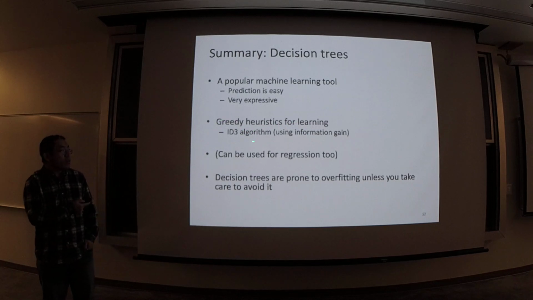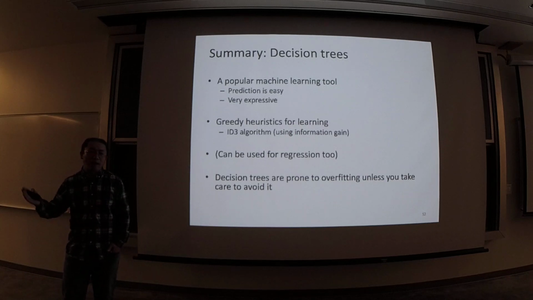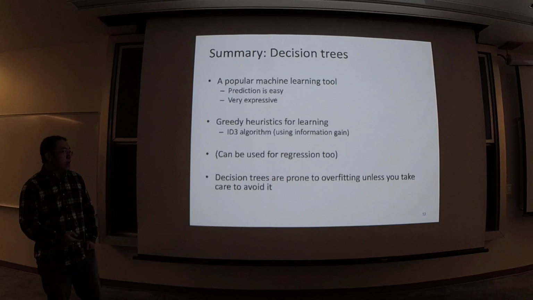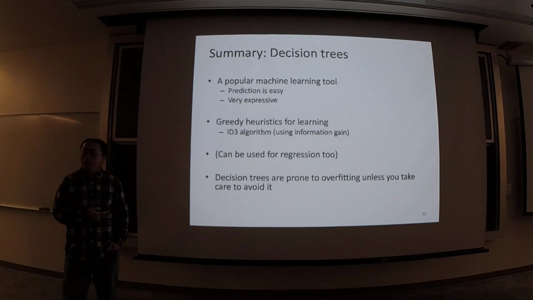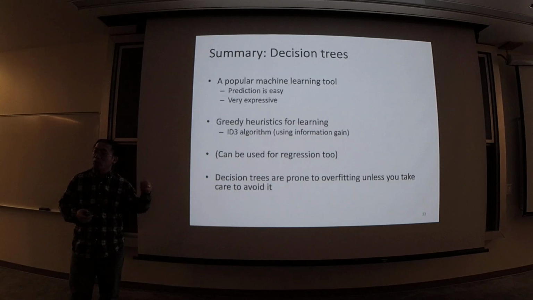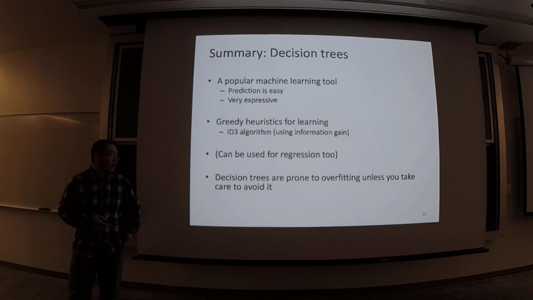So we implement the ID3 algorithm, which uses information gain, but again, we can use any other gains like Gini index gain or majority error to build a tree. And it can be used for regression too. You can think about what kind of strategies you can use to rank the splits for a regression data set. And finally, decision trees are prone to overfitting unless you take care of it.